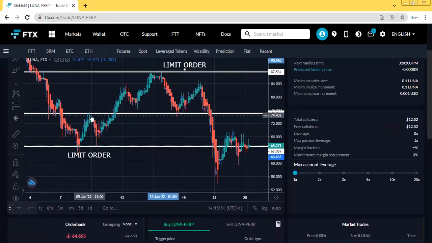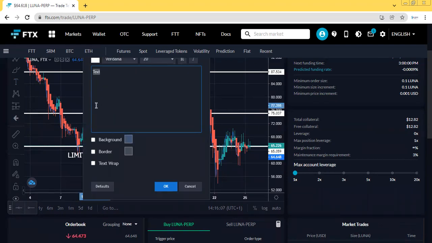As the price is like this, on this limit order, once the price gets to this place, you start buying. You call this place stop market order.